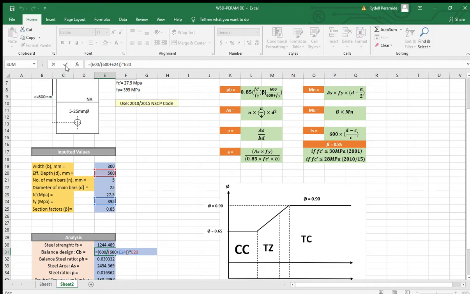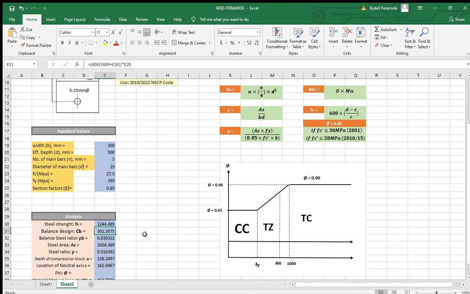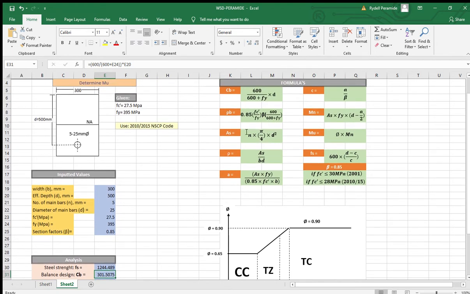So we will get the answer of 301.5075. Next is the steel ratio, or the pb. So the formula is 0.85 times f'c over fy, times beta, times 600 over 600 plus fy.